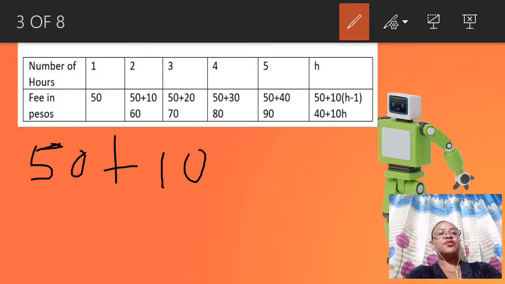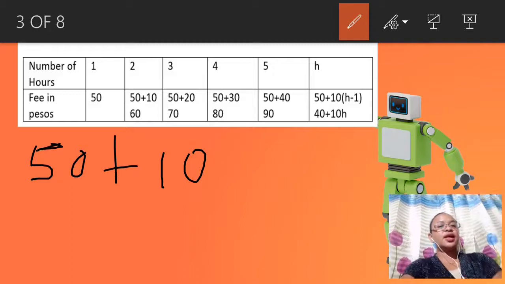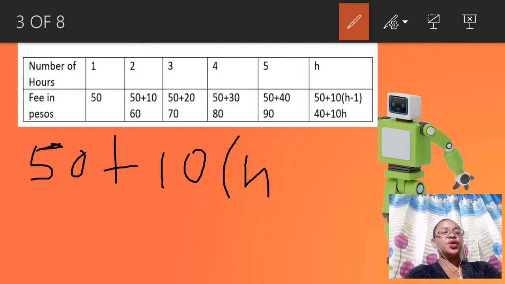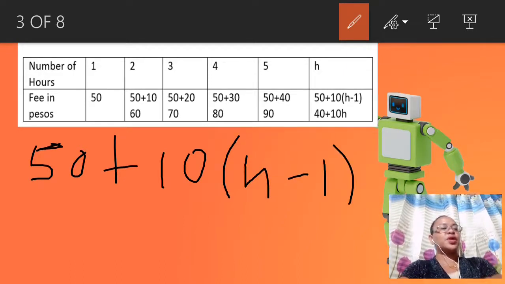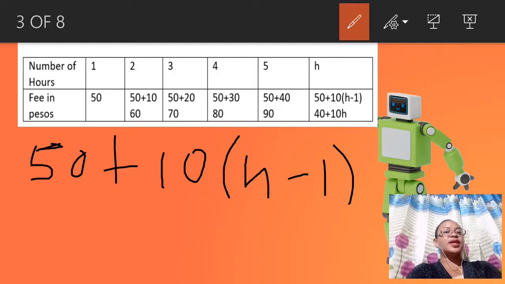But since for the first hour, you don't pay an additional, you will pay in the second hour only, and so on. And so, the number of hours, that is h, we subtract with 1. Because in the first hour, you don't pay additional 10 pesos. So that is why 10 times h minus 1.